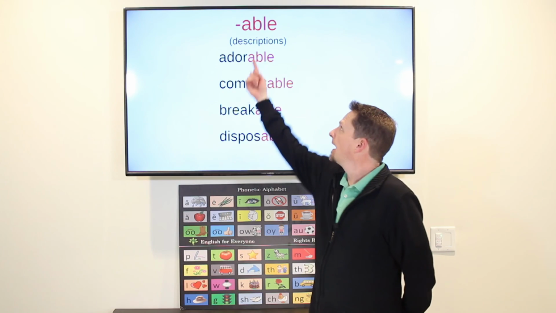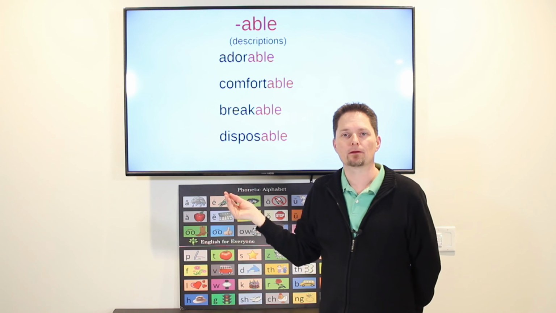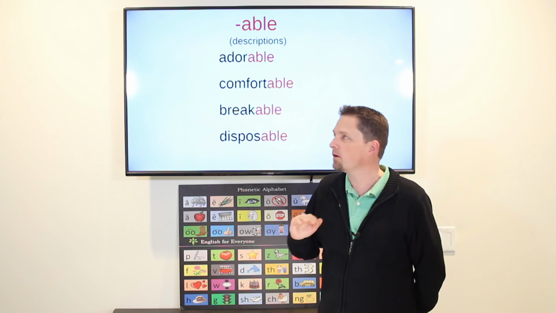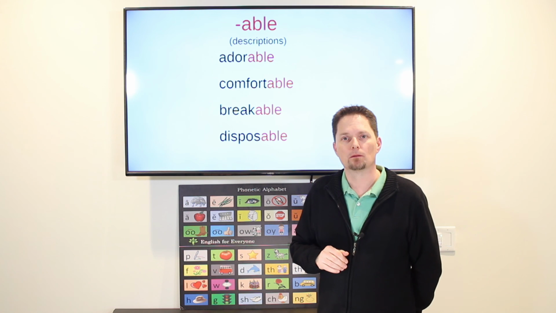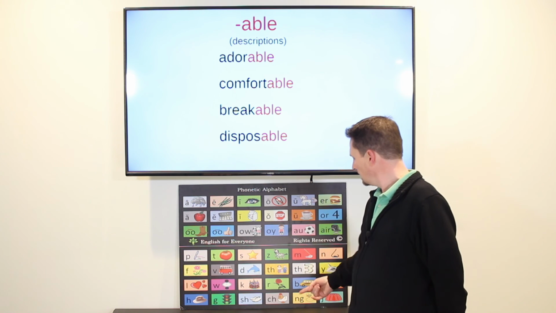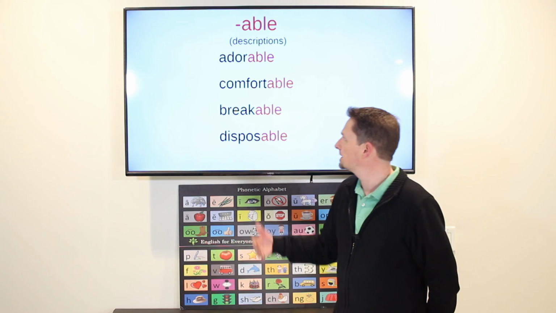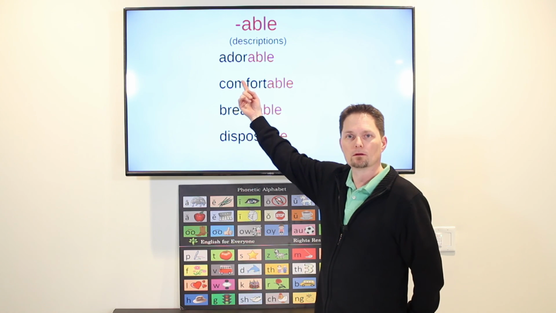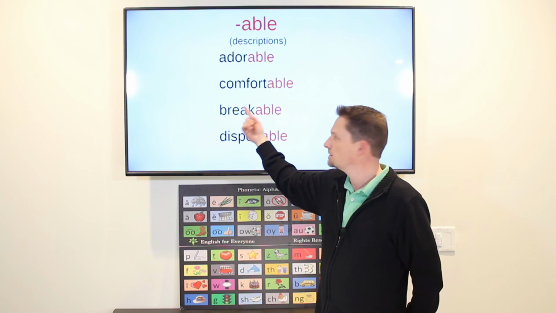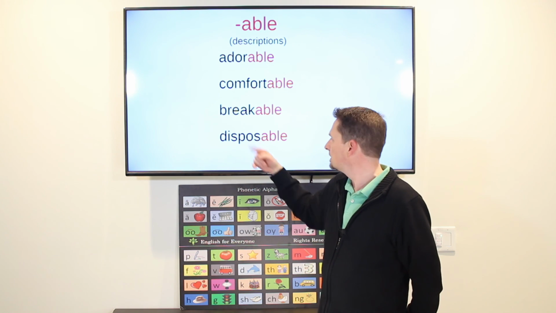Here we see ABLE together. When it's not stressed, no accent, the pronunciation is ubble. Examples: adorable, comfortable, breakable, disposable.